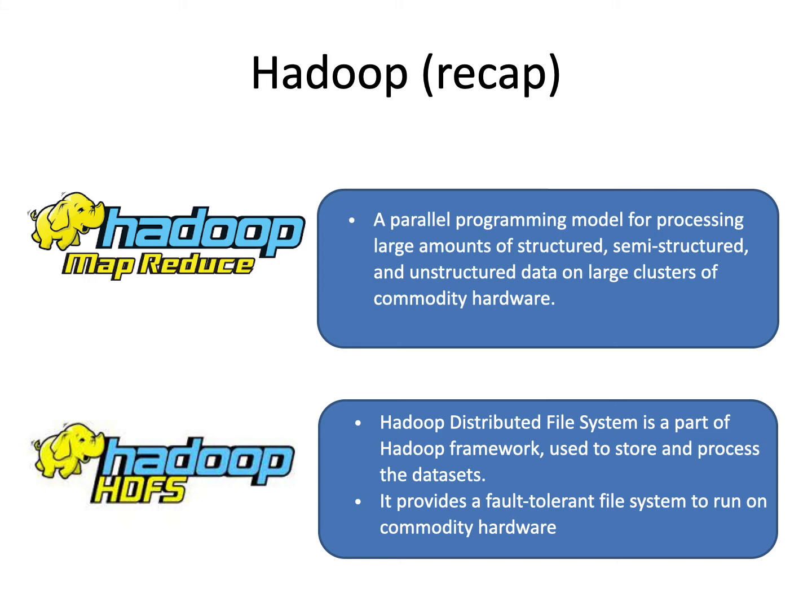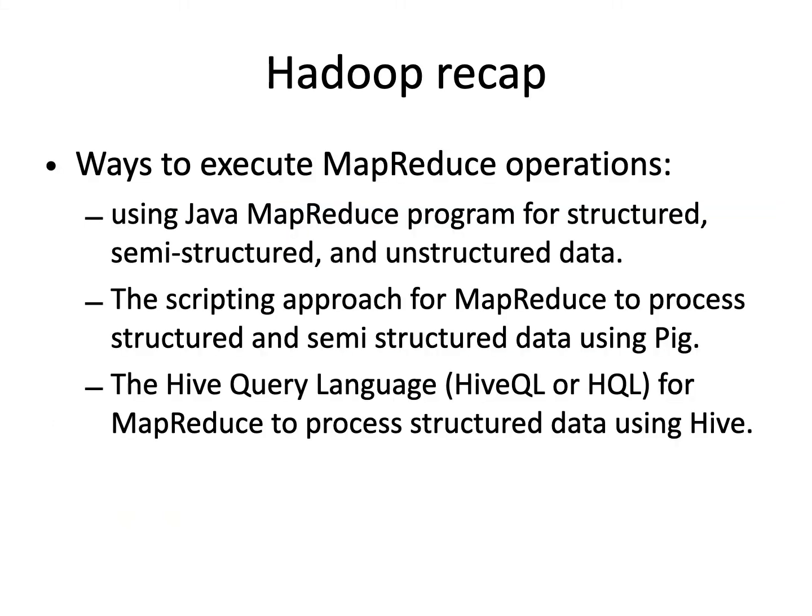Well, we can execute MapReduce operations in multiple ways. First one is using a Java MapReduce program for structured, semi-structured, and unstructured data. The next is the scripting approach for MapReduce to process structured and semi-structured data using the Pig language.